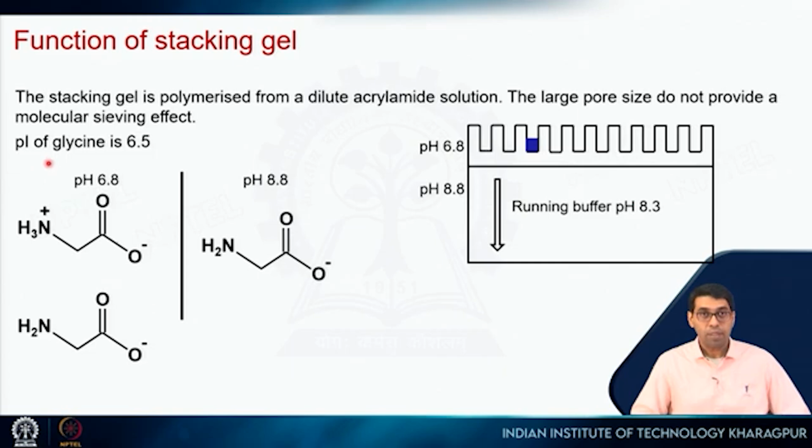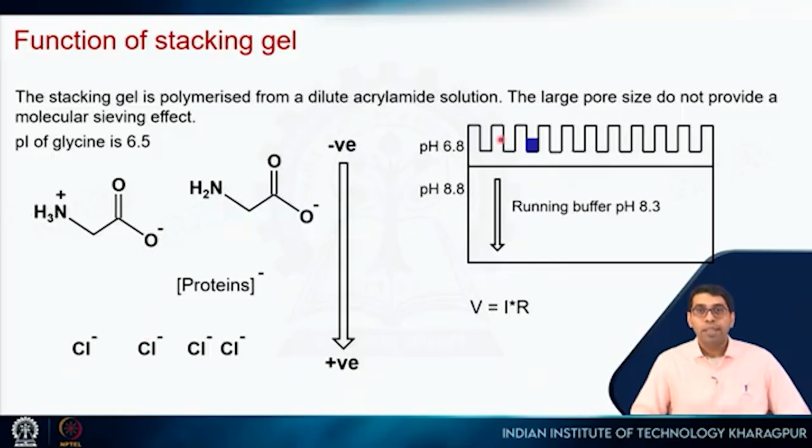The pI of glycine is 6.5. The pH here is around 6.8, slightly above the pI of glycine. So at this pH of 6.8, most of the glycine will be present in the zwitterionic form, which is the neutral form, and a very small fraction will be present in the negatively charged form.